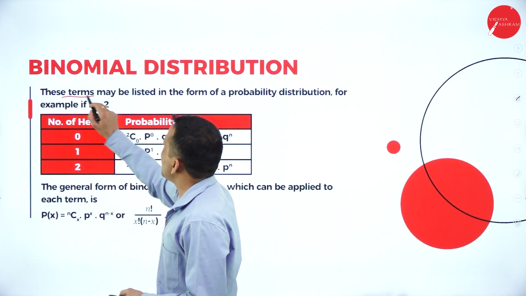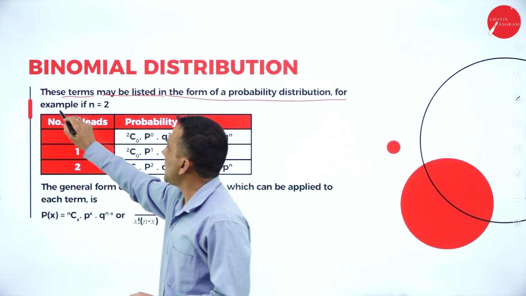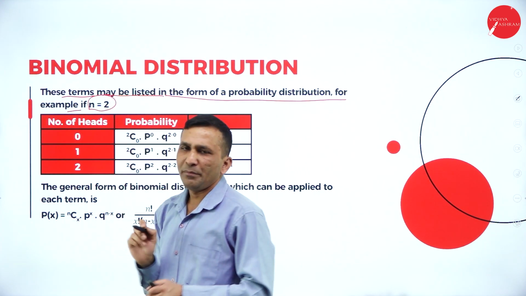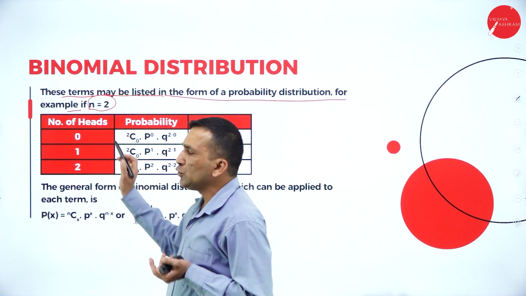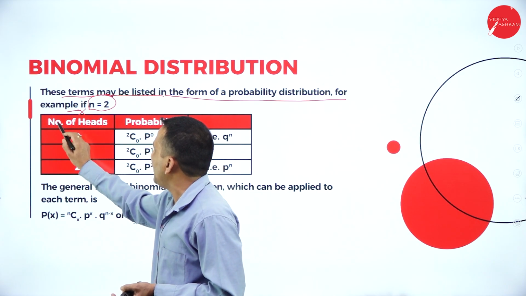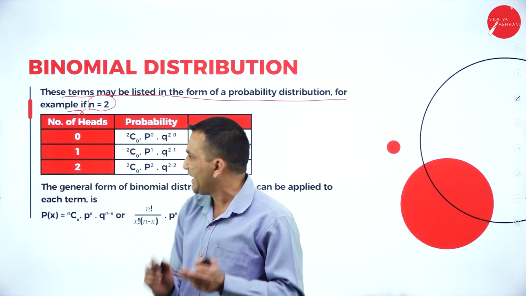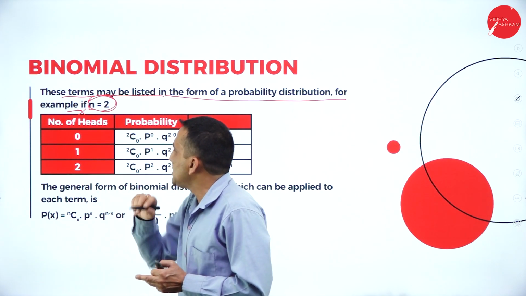Moving forward, these terms may be listed in the form of a probability distribution. For example, n is equal to 2, because you know the clear value, n is 2. Now you need to set up the probability distribution function. Here the number of heads is nothing but your X series: 0, 1, 2, and n is equal to 2.